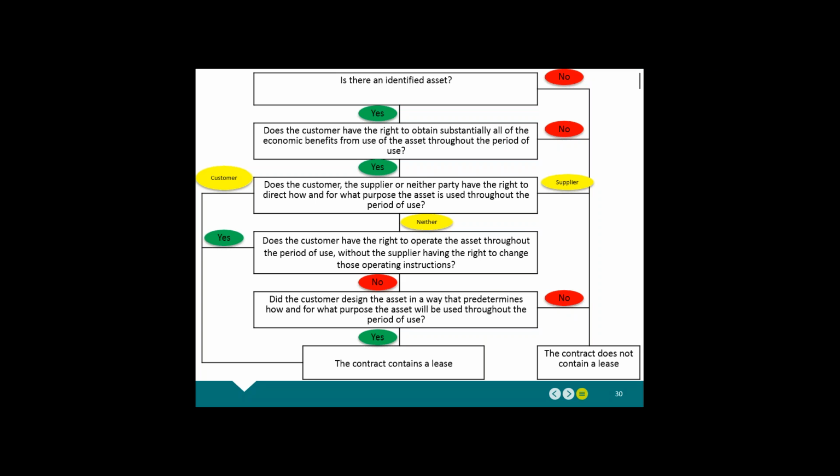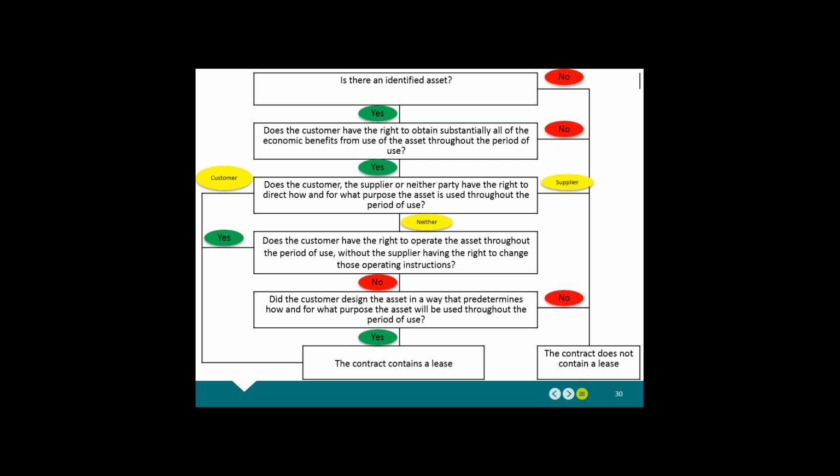So if you're not sure whether it's the supplier or the customer, you should ask the question, does the customer have the right to operate the asset throughout the period of use without the supplier having the right to change those operating instructions? So if I can use the asset based on certain predetermined operating instructions and the supplier can't change it, if I answer yes to that, it's a lease.